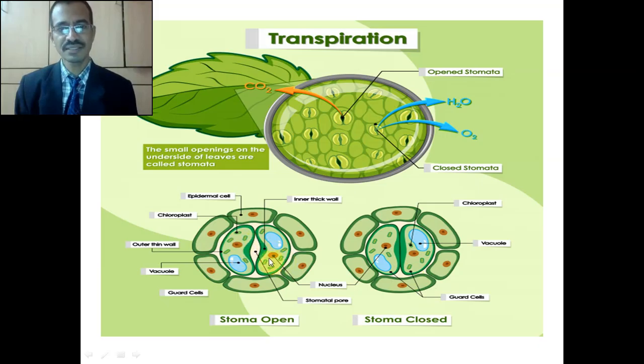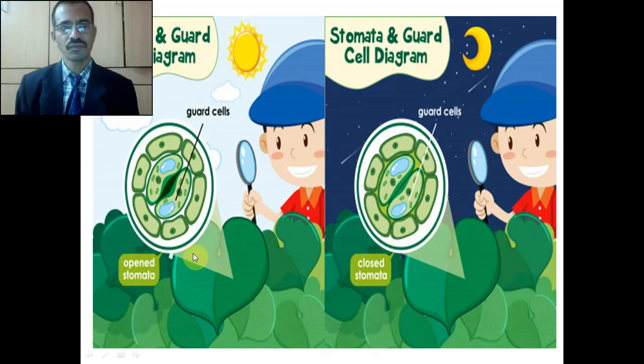Apart from the nucleus, usually in the epidermal cells we don't find chloroplasts except in the guard cells. So again we see here the opened stomata during the daytime and closed stomata during the nighttime.